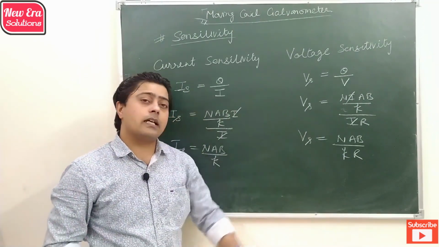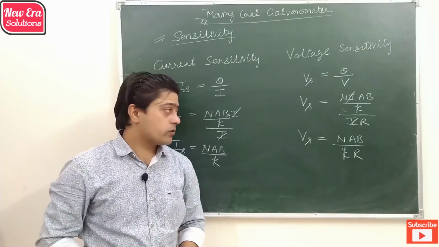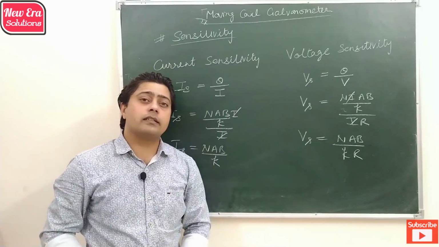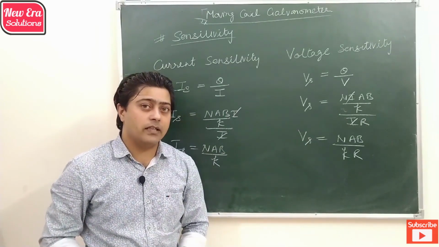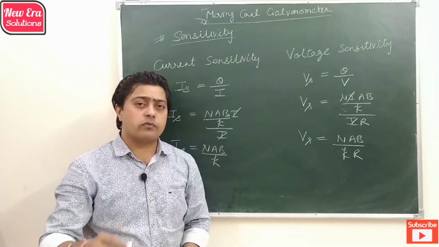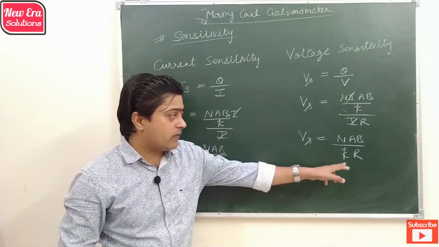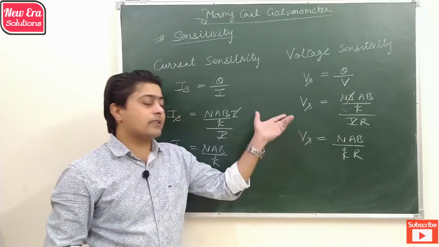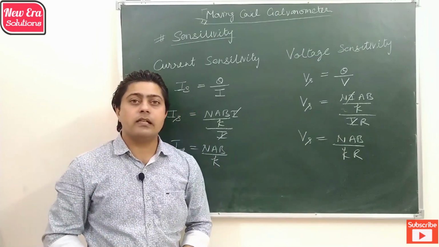By increasing the area of the coil, we can also increase the sensitivity, and it is also increased by increasing the external magnetic field. And in a moving coil galvanometer, we use a phosphorus bronze spring which has a low torsion constant. That's why the sensitivity of the galvanometer is high.